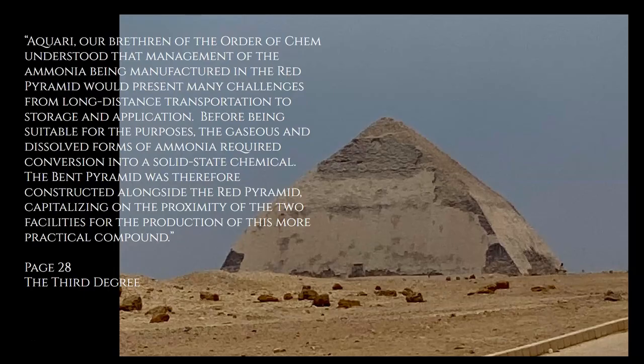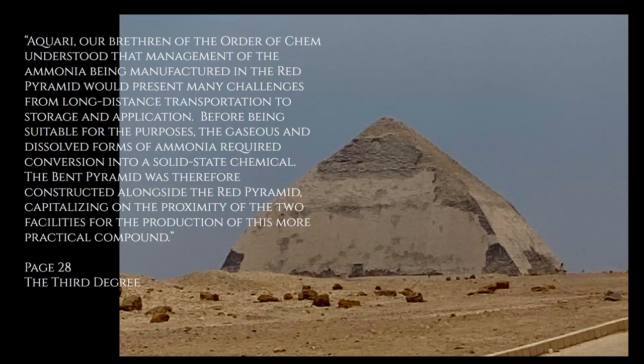So at this point, you may be asking yourself, what was the function of the bent pyramid, and why was this massive structure built so close to the red pyramid of Dashur? Well, I will go directly to a quote from the chapter The Third Degree to answer that question. A query: our brethren of the order of Chem understood that management of the ammonia being manufactured in the red pyramid would present many challenges, from long-distance transportation to storage and application.